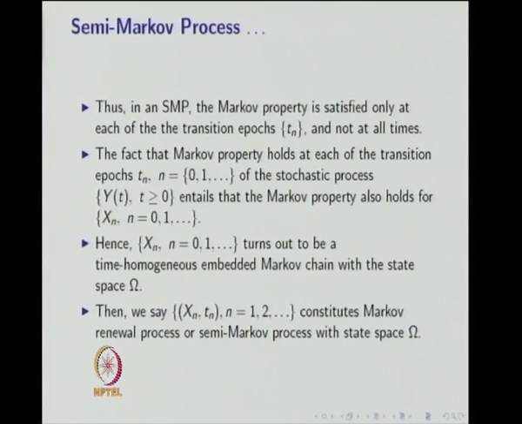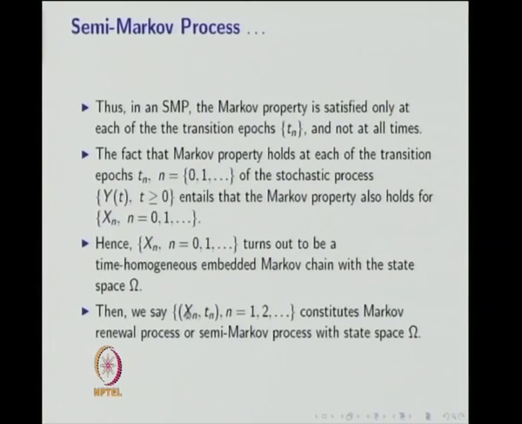Now, we can say Xn, Tn constitute a Markov renewal process or semi-Markov process with the state space omega. Xn is an embedded Markov chain where Xn is Y of Tn and Tn is nothing but the transition time instance.